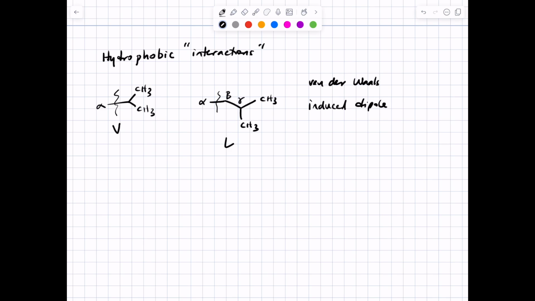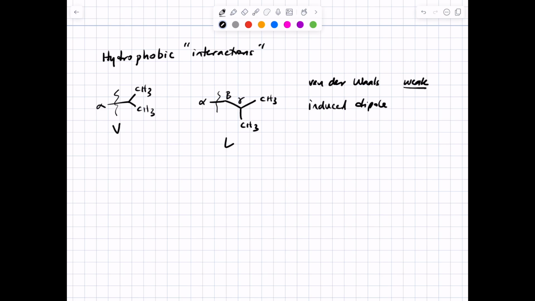So a temporary slightly positive edge on one molecule and a temporary slightly negative edge on the other molecule close to it. And it goes back and forth, but in general they correlate the motion of their electrons to accommodate each other. One of the things about van der Waals interactions is they're very weak.